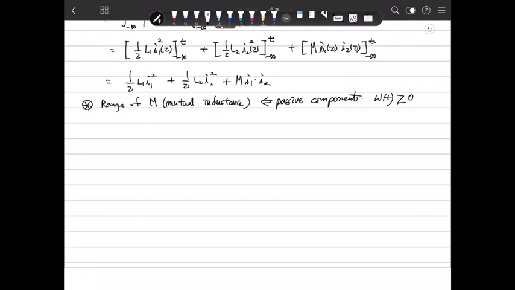What is the meaning of negative? Negative means energy is transmitted from the device, that is, a battery. So the energy stored in the coupled inductor should be positive or 0. Therefore the energy W(t), half L1 I1 squared plus half L2 I2 squared plus M I1 I2, should be positive.